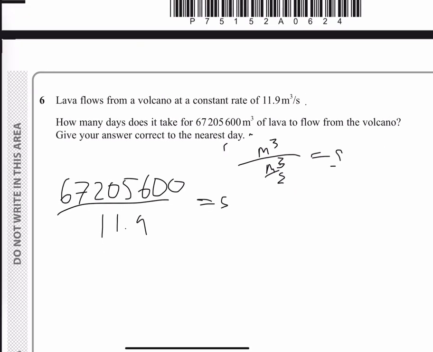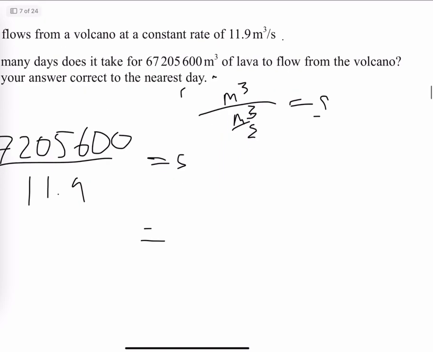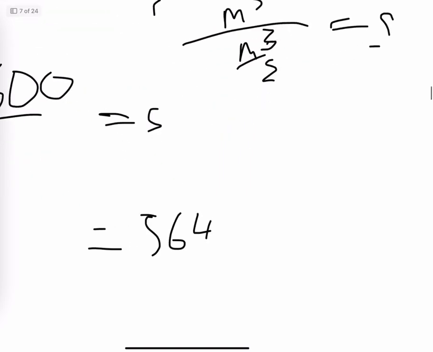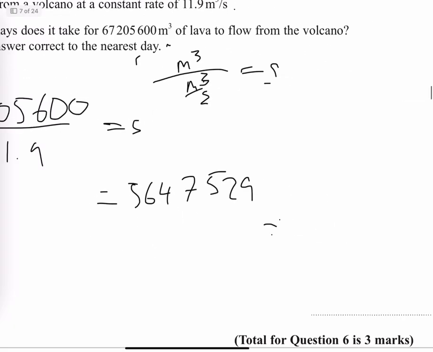So let's type it in. Make sure you type it in carefully, as it's a really easy way to lose those marks. 67205600 over 11.9, which gives us 5647529, whatever. We divide by 60 to get it in minutes.